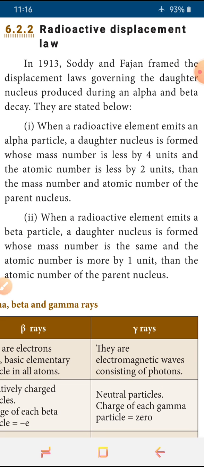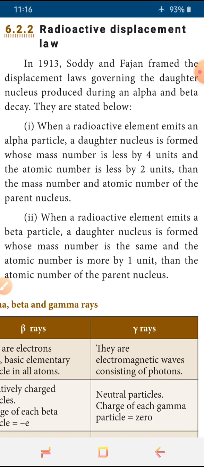The mass number is less by 4 units and the atomic number is less by 2 units, from the mass number and atomic number of the parent nucleus. This is the emission of alpha rays.